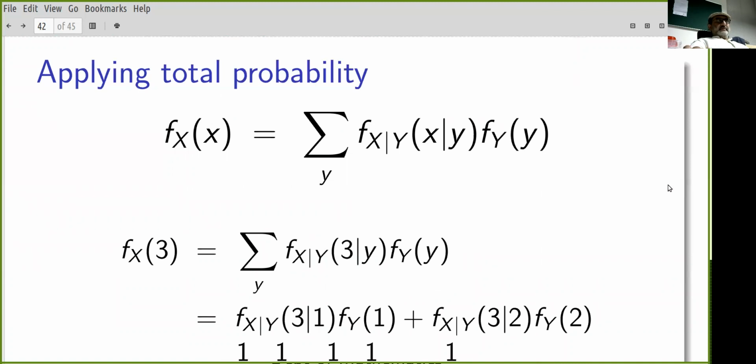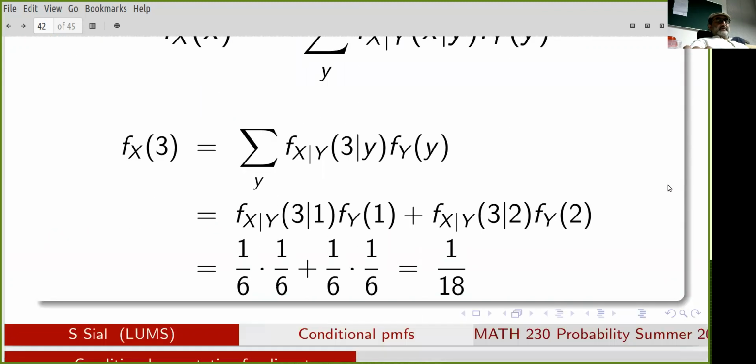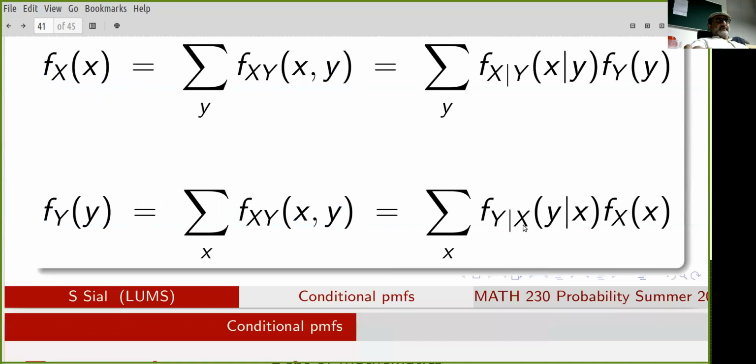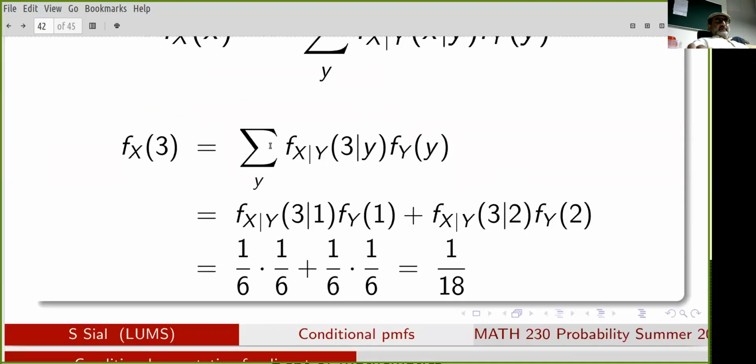Okay, so now, for example, if you wanted the marginal for x evaluated at 3, you would sum over y, the conditional for x fixed at 3 and y taking all allowed values, times the marginal for y.